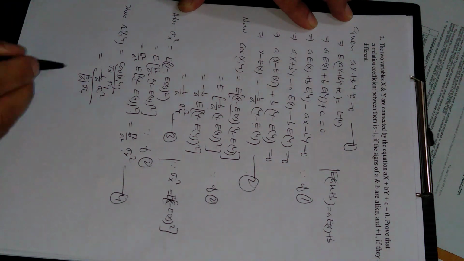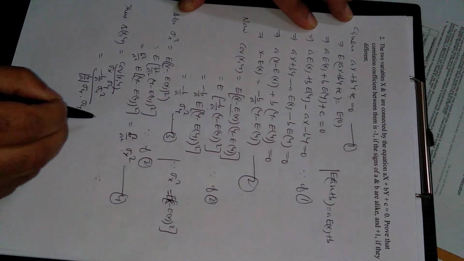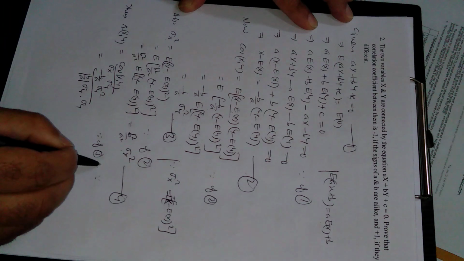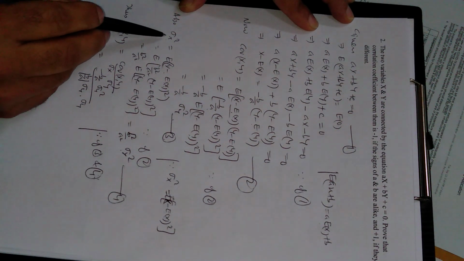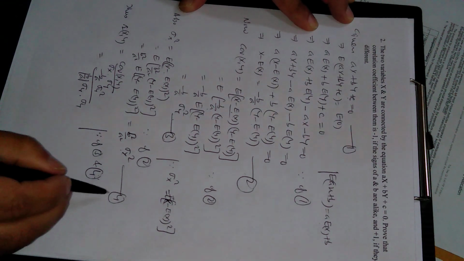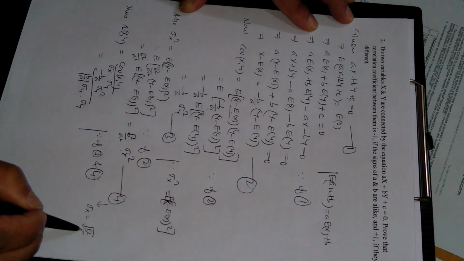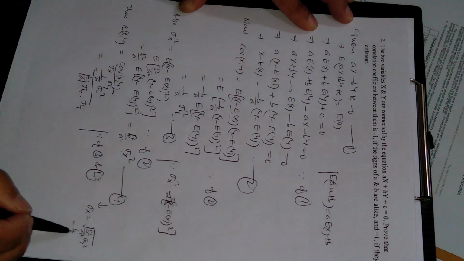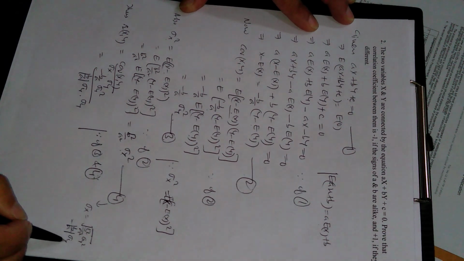From equation 4, variance with respect to x is given, so standard deviation of this will be square root of b square upon a square sigma y whole square. So this can be written as modulus of b upon a into sigma y.